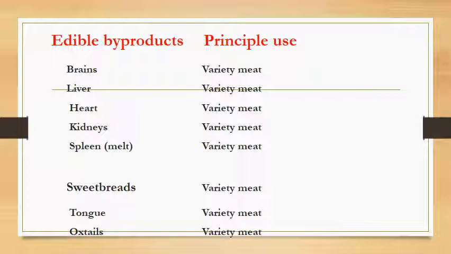These trimmings are used as an ingredient for sausage. Sometimes we can also use them in making soups. These are some of the edible byproducts obtained in the case of sheep and goat, large animals, or even pig. All these byproducts which are consumed directly as meat are considered edible byproducts, or sometimes variety meat.